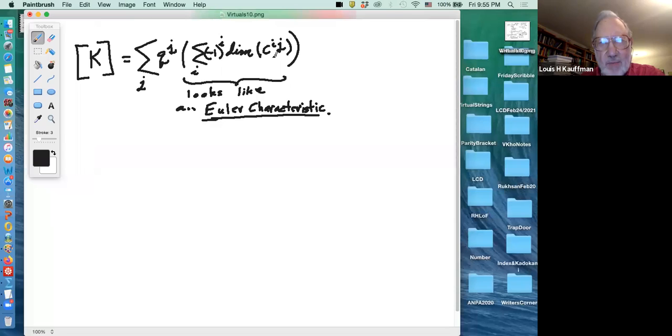So our bracket got rewritten this way, where this just means the number of states that have a given I and a given j, and I've collected up the i's together and left the j out here.